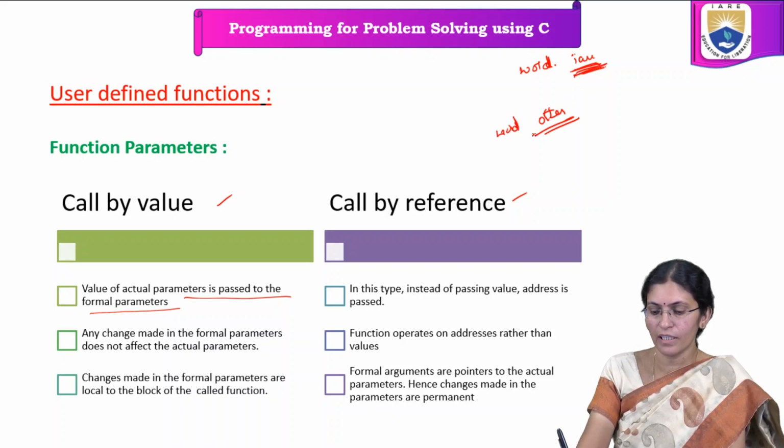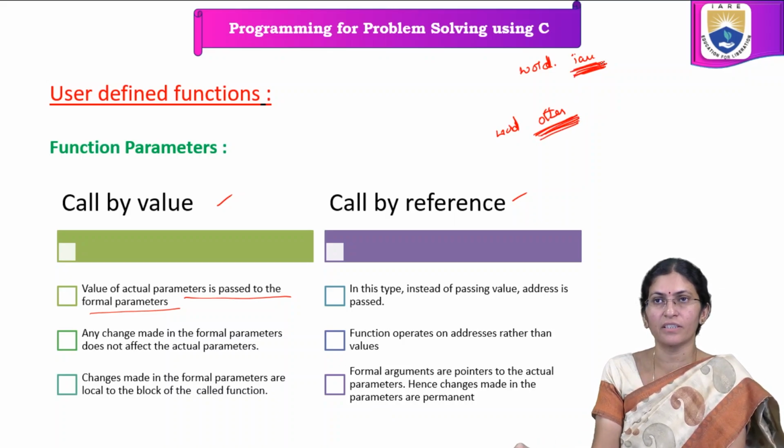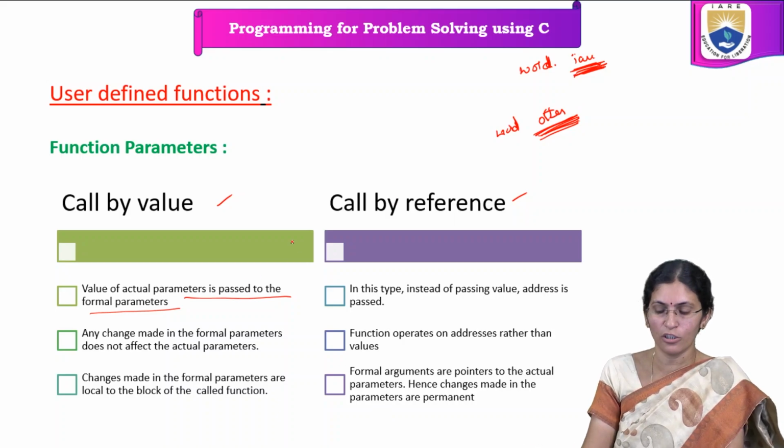Then if you make any changes to this other file, those changes will not be reflected in the file IARE. So this is nothing but call by value. So this particular example you can relate to call by value method.